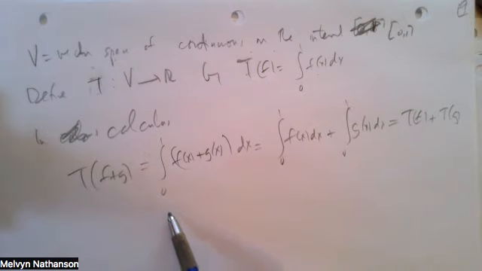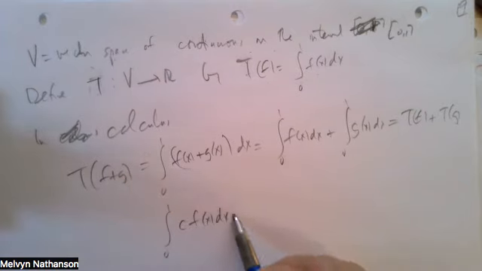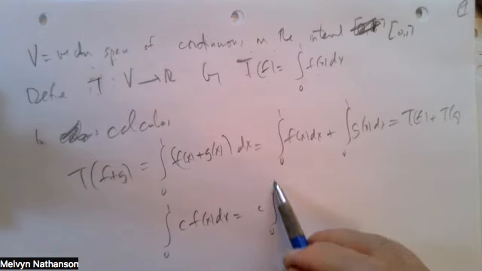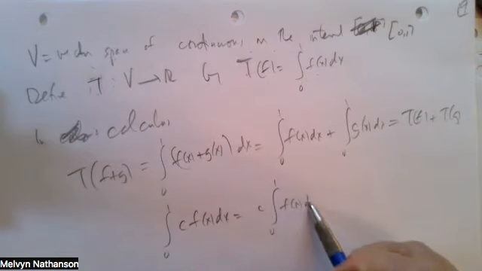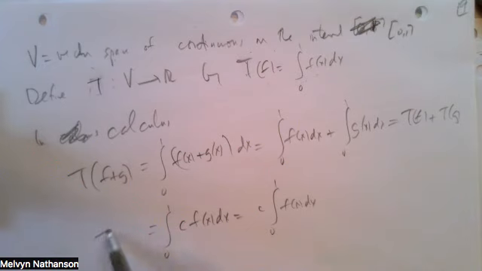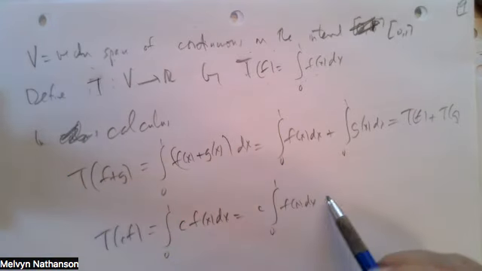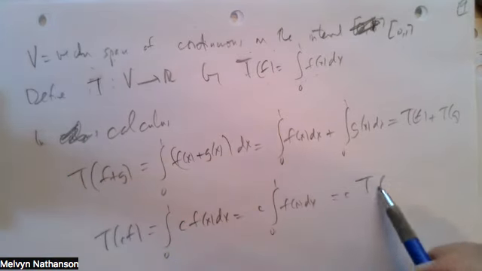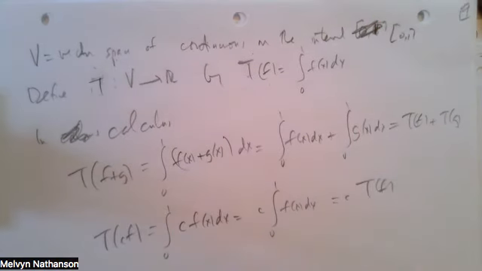You also prove in calculus that the integral from 0 to 1 of c times f of x dx is c times the integral from 0 to 1 of f of x dx. This is T applied to the function cf, and this is c times T of f. So integration is a linear transformation.